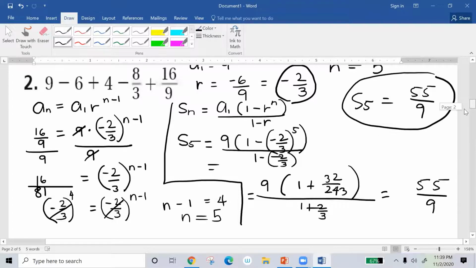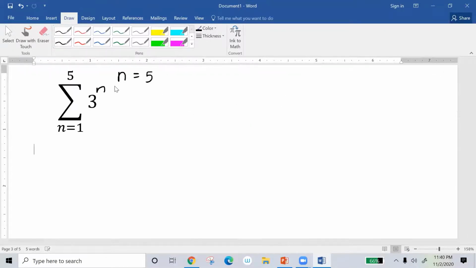Okay, next. Okay, again, our question is, we have the summation of 3 raised to n from n equals 1 to 5, wherein the number of terms is 5 and our first term is 3.